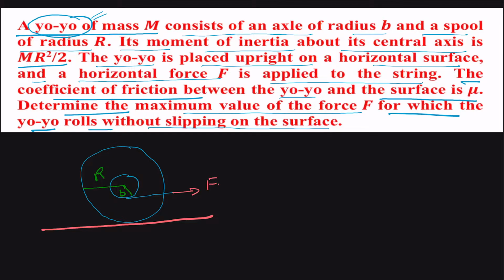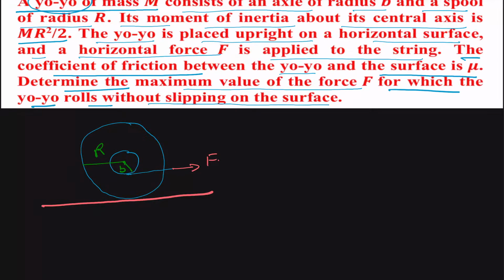In this type of question we have to remember one thing, that the point of contact in case of this yo-yo is different to the application of the force. The force is applied on the inner part, where the thread is wound, whereas the frictional force is going to act at the outer part. So this we have to remember.